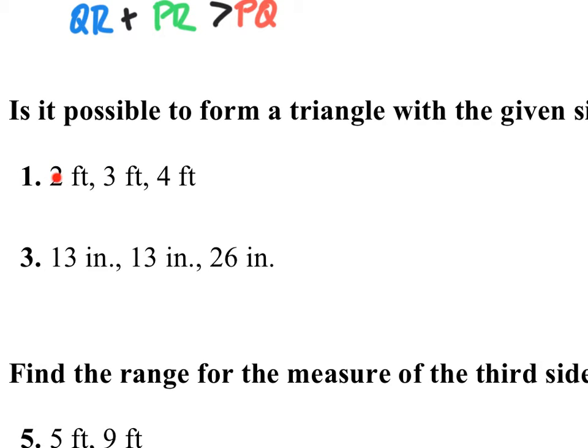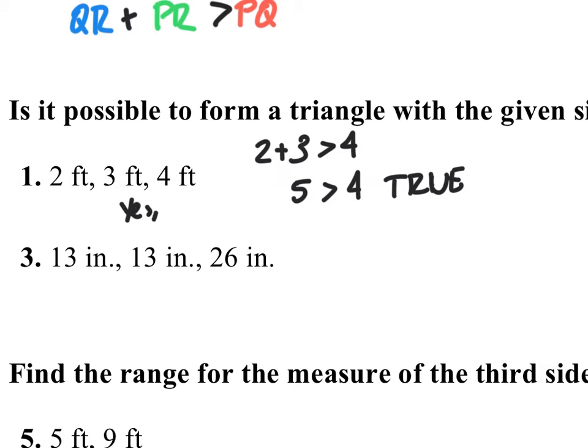So if I take 2 plus 3, is that larger than 4? It sure is. 2 plus 3 gives me 5, and that is larger than 4, and this is a true statement. Since that's true, this is possible. So yes, possible.